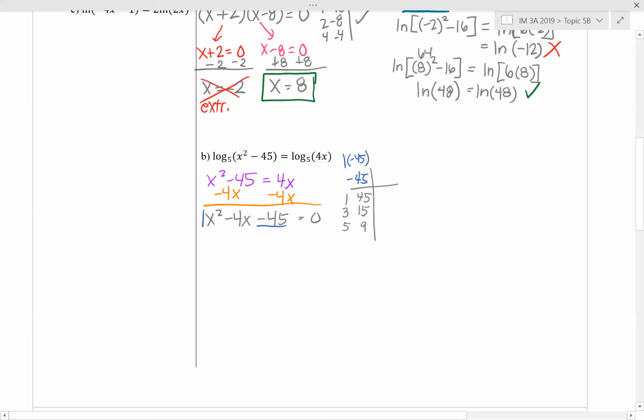Those are all the possible factors of 45. These need to add to the coefficient on x, which is -4. So I would need the larger number to be negative, and the one that works is 5 and -9. So that means I can use this as x plus 5 times x minus 9.